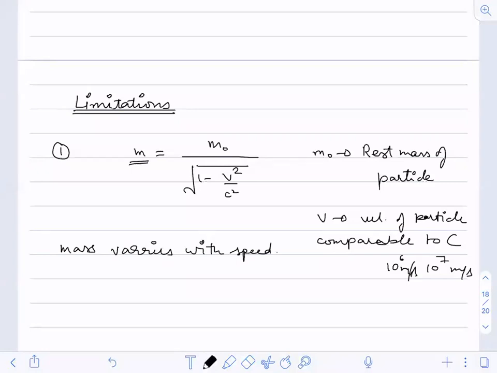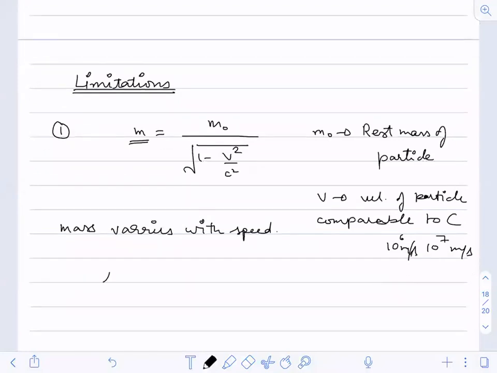So as you increase the speed of the particle in the cyclotron, what will happen to T? You will be using pi m dash divided by qB. This will have a different value now. What about the oscillator?